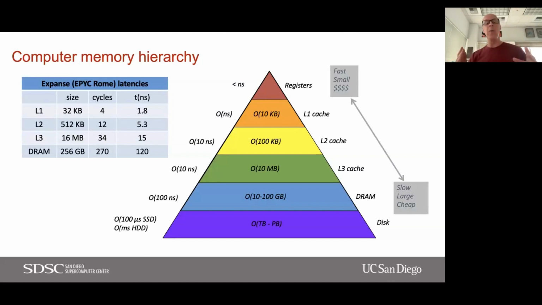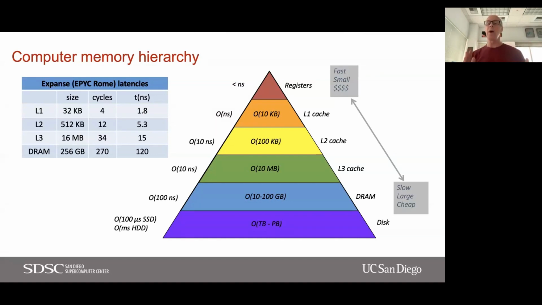So the further we go down in the memory hierarchy, the more latency we're going to have to work on that piece of data. Now, if you look at the absolute times, 120 nanoseconds for DRAM doesn't sound like a long time, but relative to the clock speed, that's very, very far away.